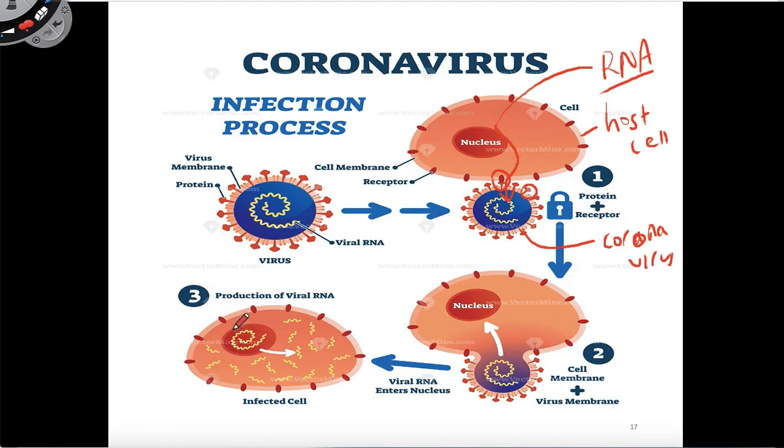So now it uses the nucleus to make more copies of RNA, and then this RNA is going to make more copies of proteins, which in turn is going to use our own host cells' assembly machinery to make more copies of the virus.